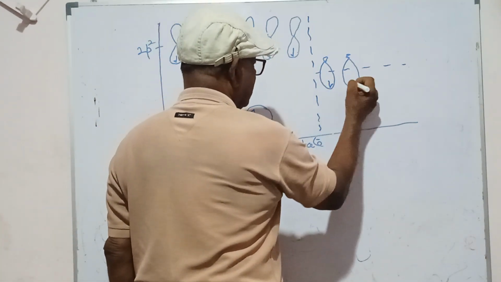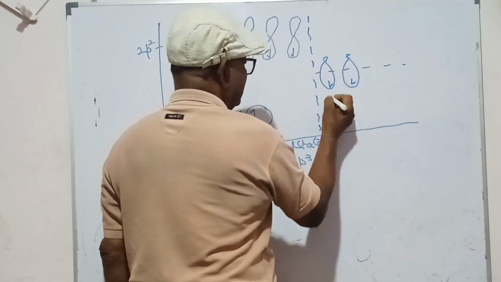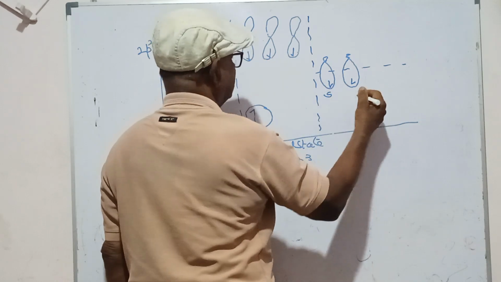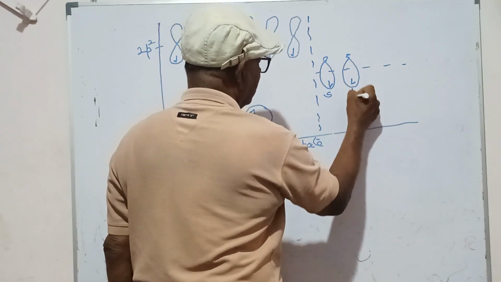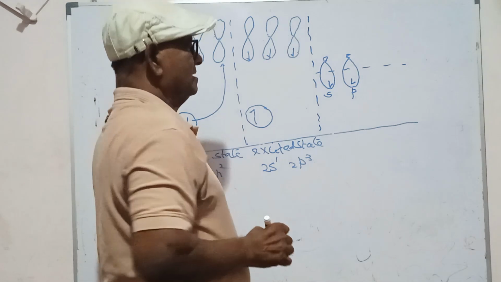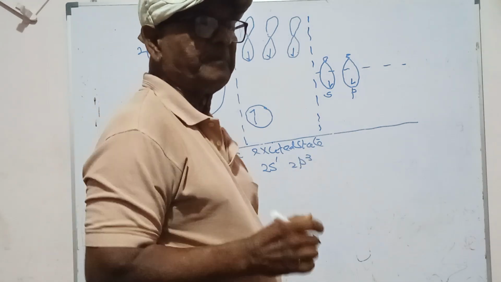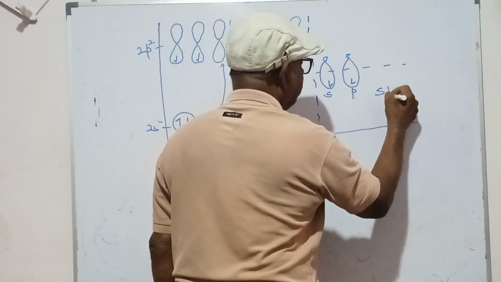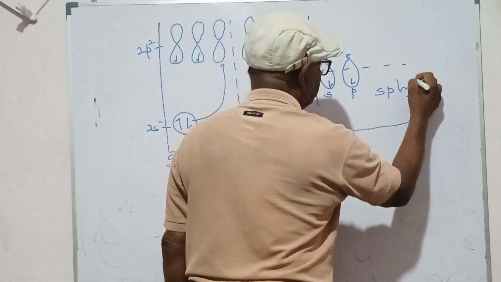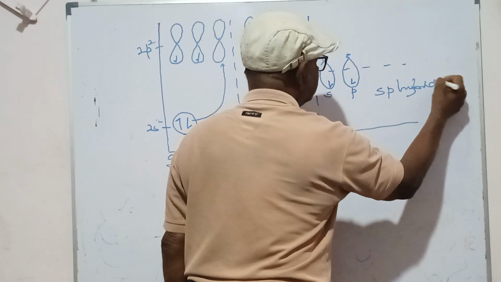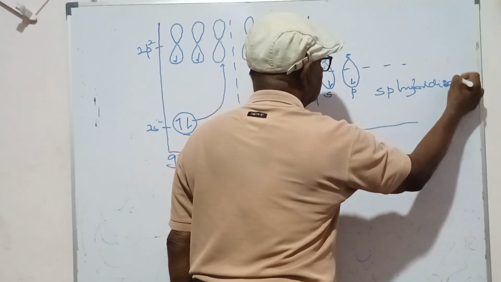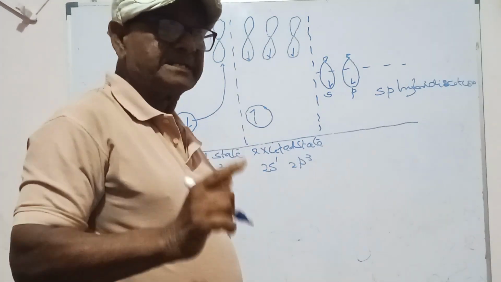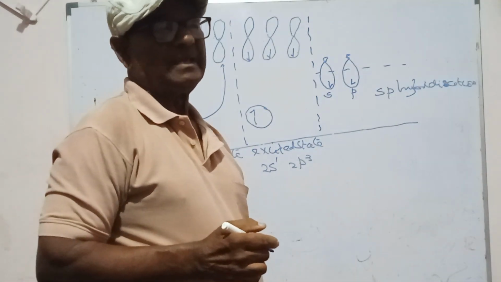In this case, one s orbital is mixed with one p orbital. So what do you call that type of hybridization? sp hybridization. Right? This is the third type of hybridization.